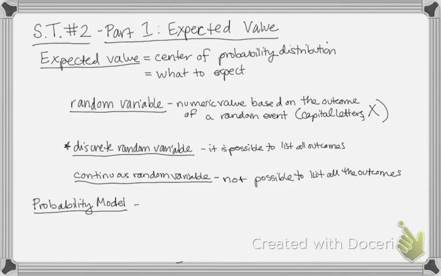So the collection of random variables and the probability that those values occur. So it's the collection of all possible values of the random variable and the probability they occur.